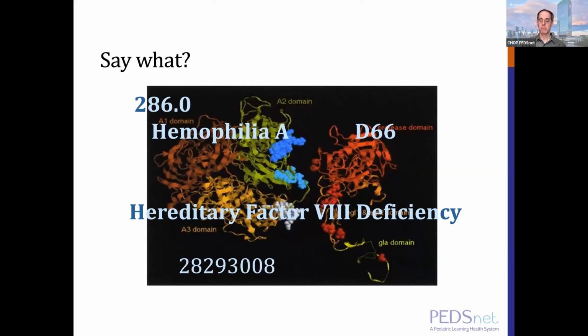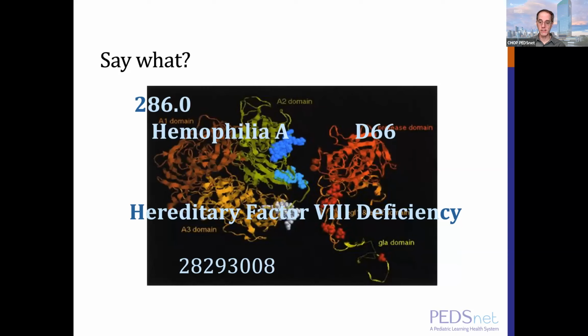Most patients will describe their condition as hemophilia, mild, moderate. Many clinicians will. Formally, in most diagnostic terminologies, it's actually known as hereditary factor 8 deficiency to distinguish it from hemophilia B, factor 9 deficiency.